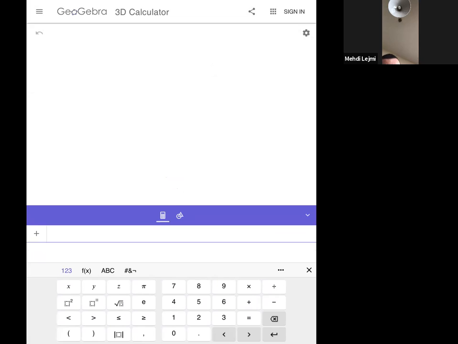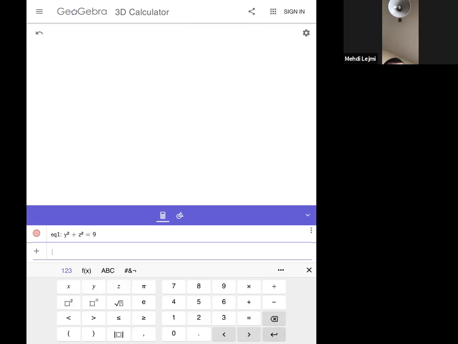You can first enter the equation of the cylinder: Y squared plus Z squared equals 9. Perfect. So you see the cylinder here along the x-axis. The x-axis is the red axis. So that's the first equation.